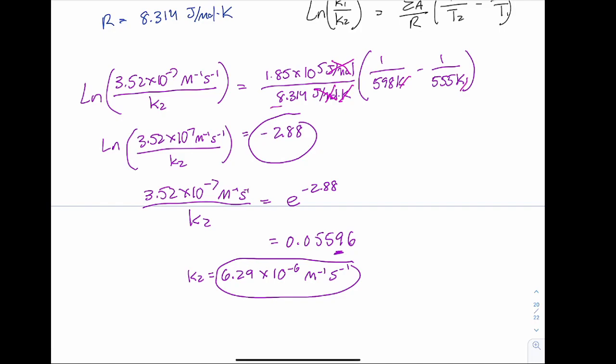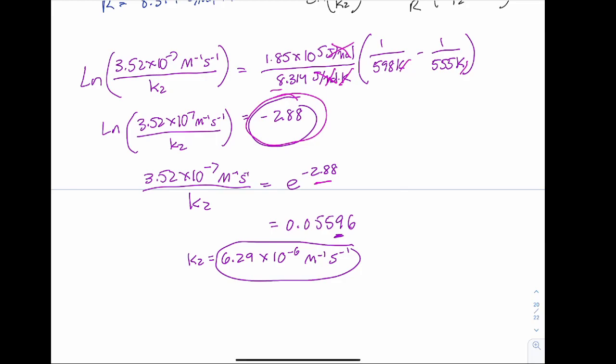It's actually multiplied by 1 over Kelvin, which is the same as Kelvin, right? Invert and multiply, so those cancel. So I have no units here. So again, unitless, and then I end up with 3.52 times 10 to the negative 7th, molar to the negative 1, seconds to the negative 1, divided by a number that doesn't have units. We're going to end up with those units.